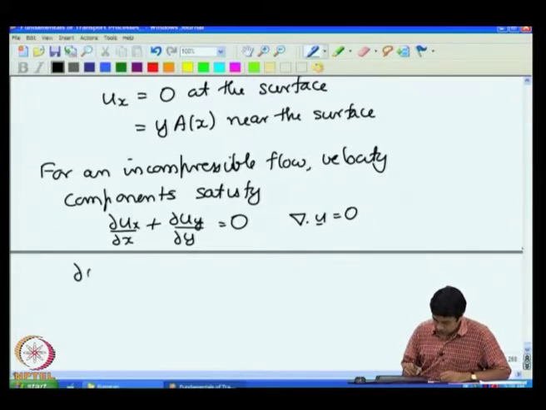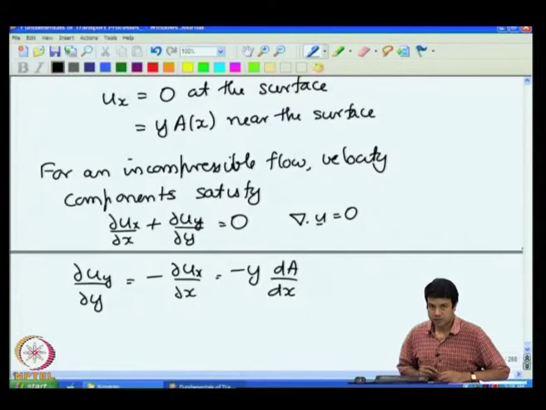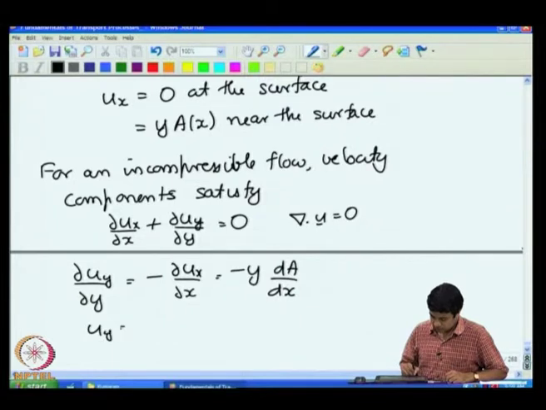That means that duy by dy has got to be equal to minus dux by dx, which is equal to minus y dA by dx, where A, as I said, is some function of x. X would be the theta coordinate, for example, in the flow past a sphere, y would be the radial coordinate. Therefore, uy has got to be equal to minus y square by 2 dA by dx.